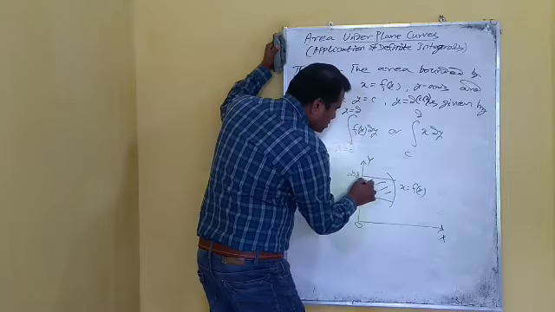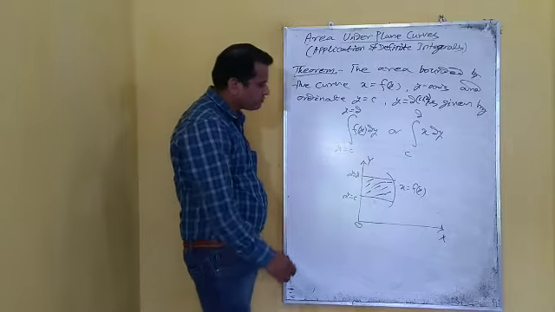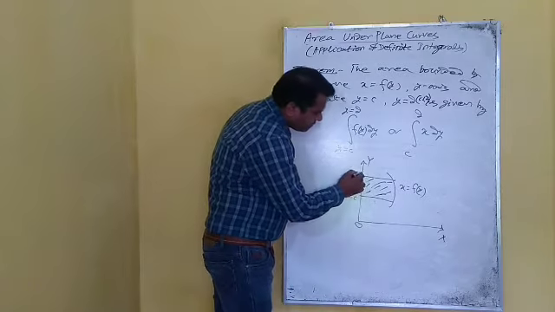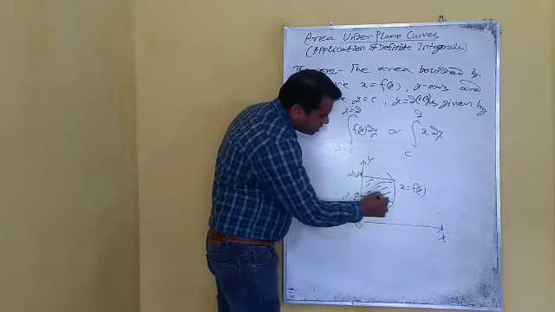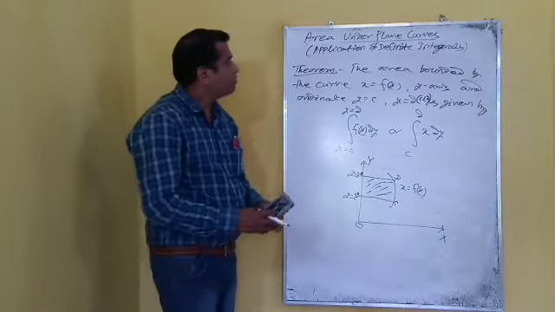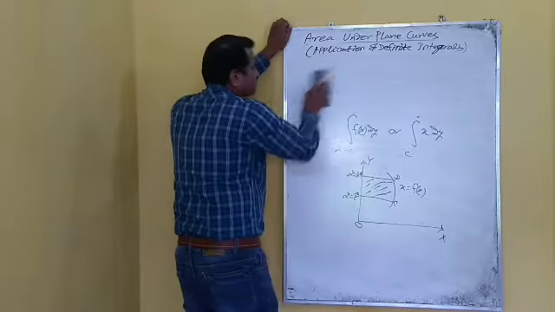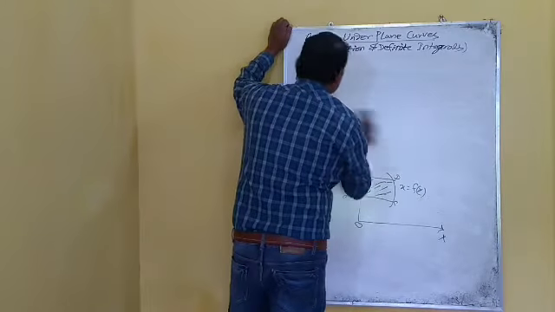So we shade the covered area, that is A, B, C, D. Now we take an example from your exercise 10.